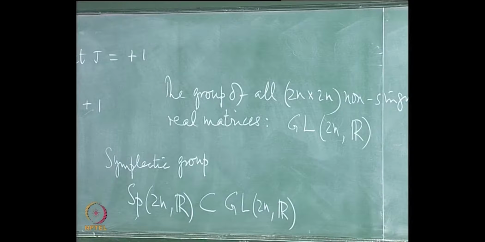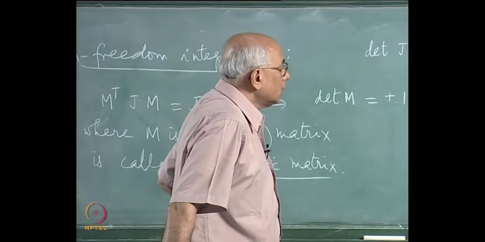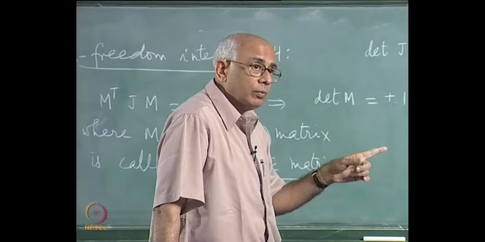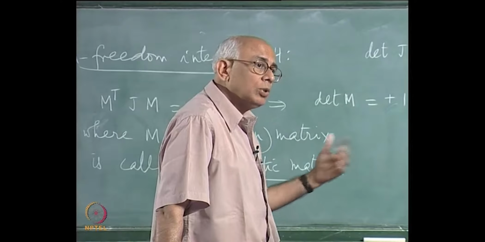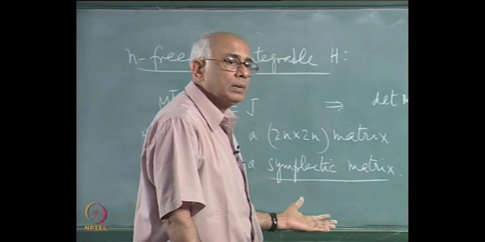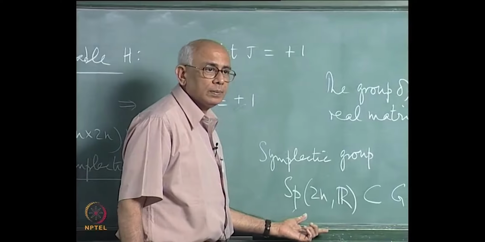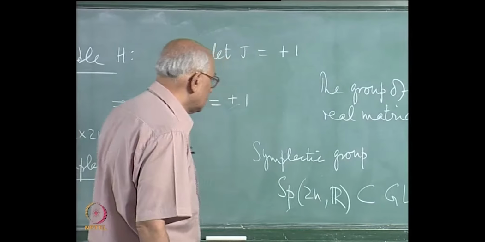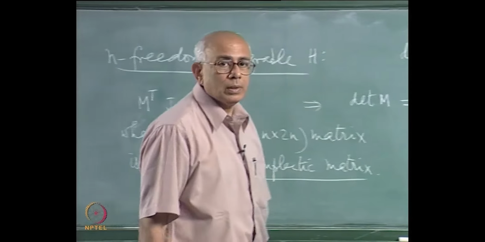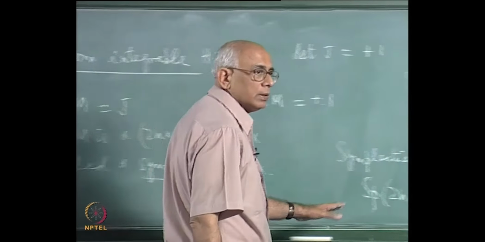Therefore, for a given dynamical system with a given number of degrees of freedom n, the study of its canonical transformations amounts to the study of the symplectic group of the same order, of order 2n. Now a great deal is known about the properties of such matrices.